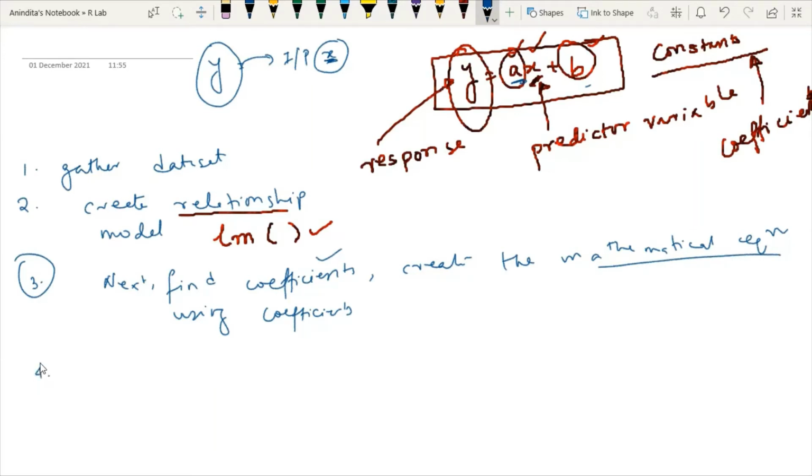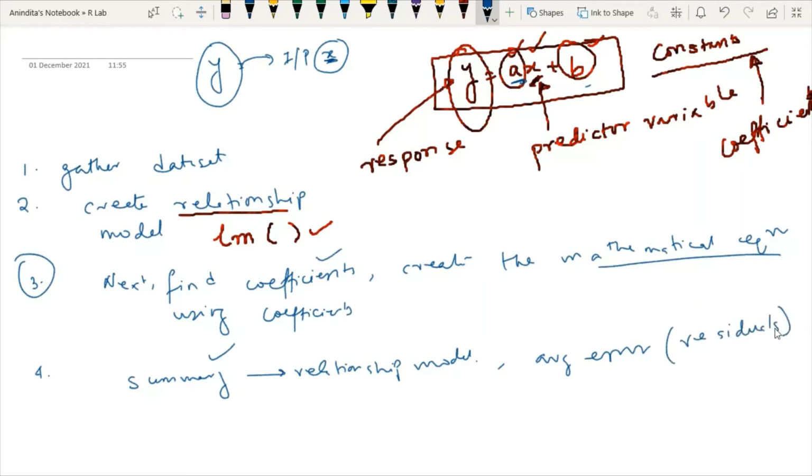And what is the fourth step? In the fourth step, we will get a summary of the relationship model. Whatever relationship model we are creating, we will get the summary. Why is this summary important? To understand the average error in the prediction, which is also known as residuals.